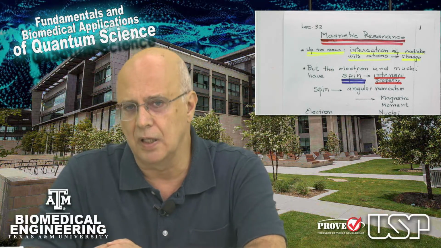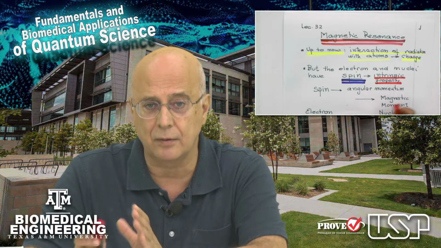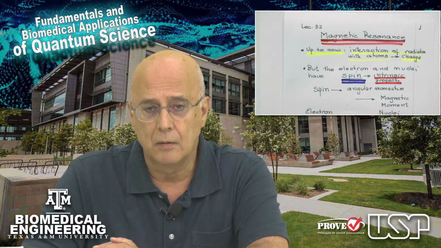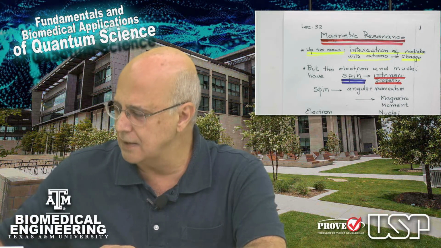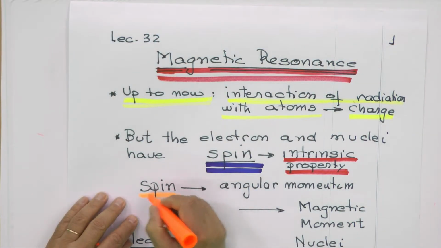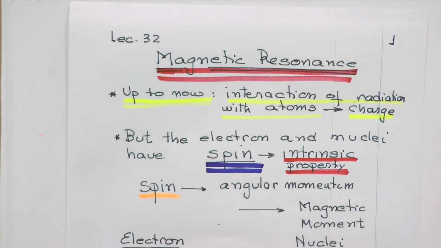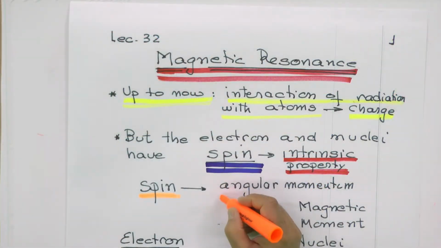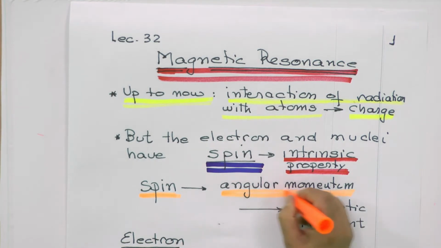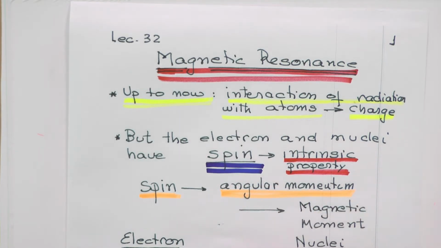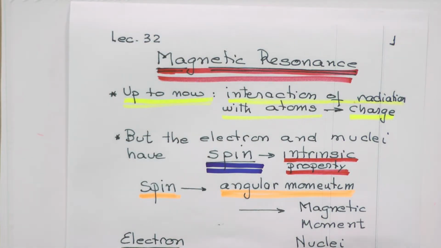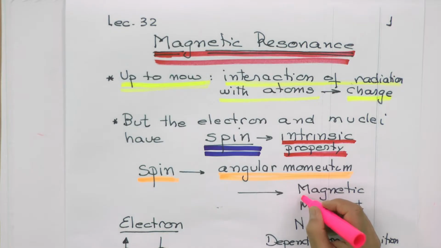So the electron, because it has this angular momentum, has also a magnetic momentum. And this is the part that we are interested in now, because of the spin property of the particles that constitute matter, especially the electron. Normally we say that this spin is characterized by an intrinsic angular momentum. But what's very important here is that this angular momentum leads to a magnetic momentum.